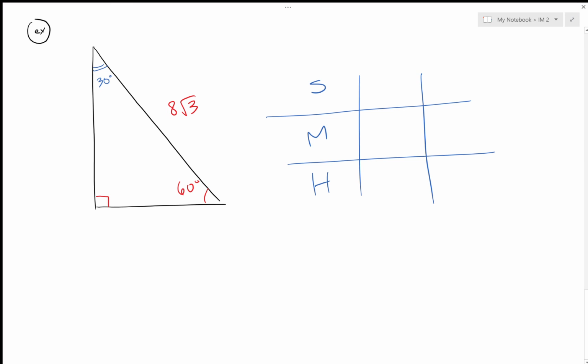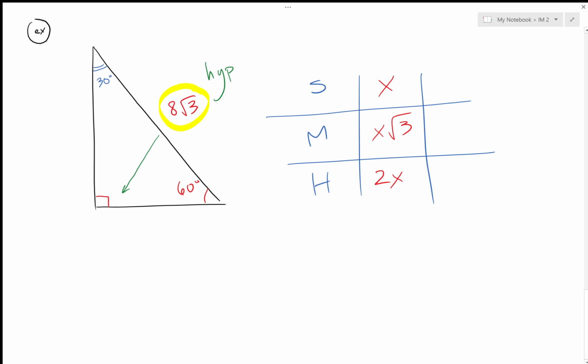Down the middle are the ratios, x, x square root 3, and 2x. This is the only info we're given, and we want to find the other two sides. Let's find out. So that side right there, it's across from the 90. Look at that, it's the hypotenuse.